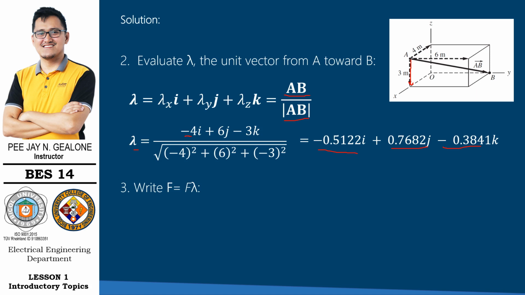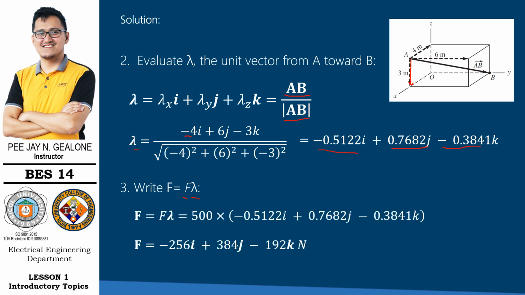That goes for step number 3, which is vector F is equal to the magnitude of F times lambda. So, pag sinubstitute natin, masusolve natin that F is equal to negative 256i plus 384j minus 192k Newton. Okay?